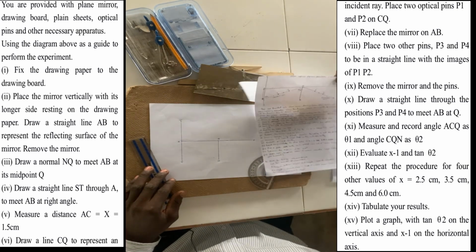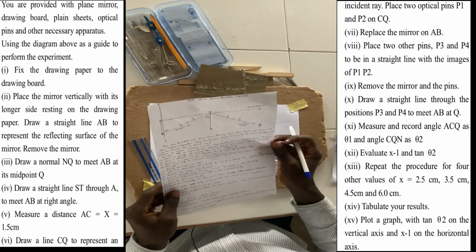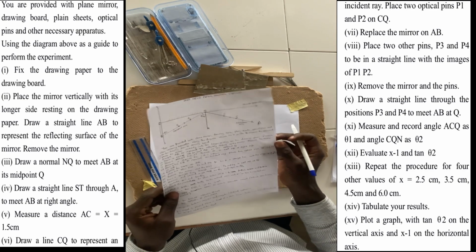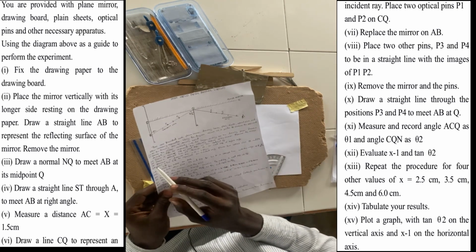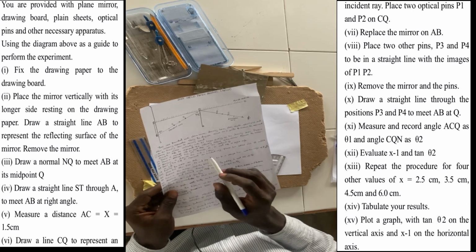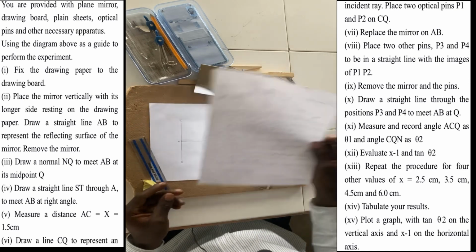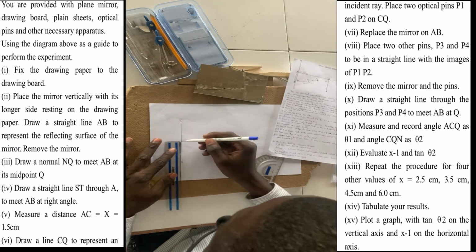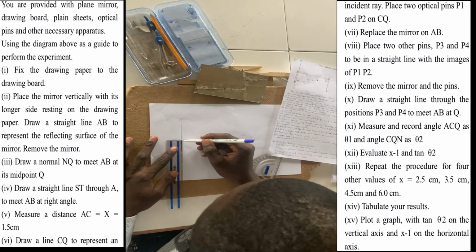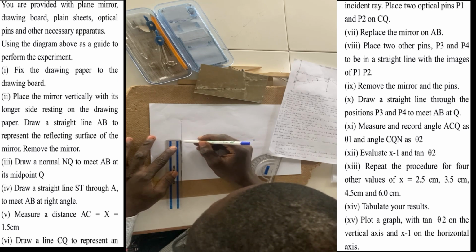Having done that, we are now asked to measure a distance AC which is equal to x, 1.5 centimeters. We have to measure a distance from A. I'm using the millimeter side of the ruler, so this is going to be 0.